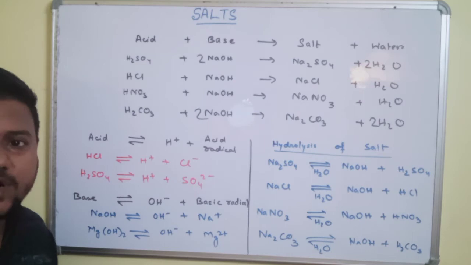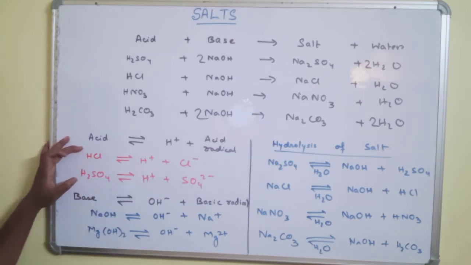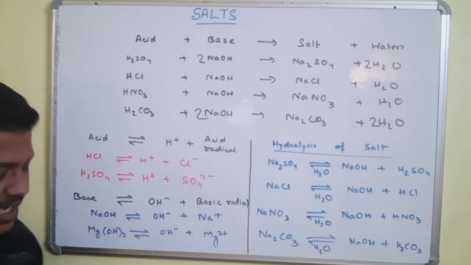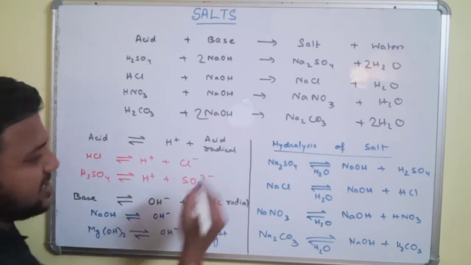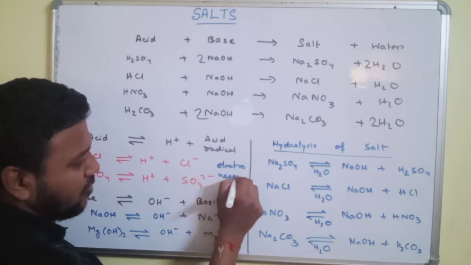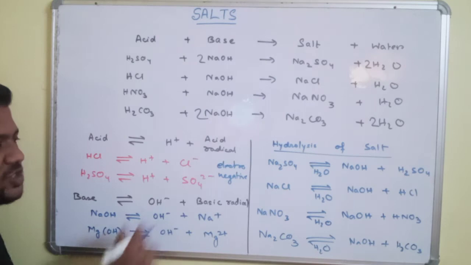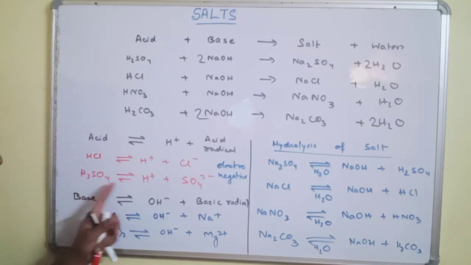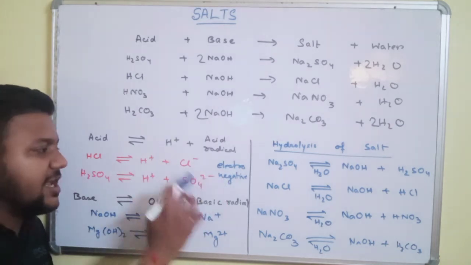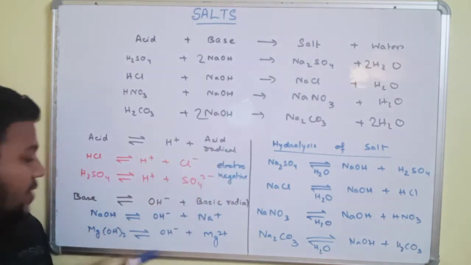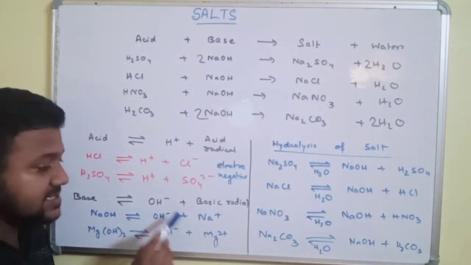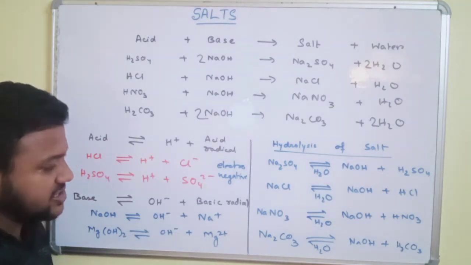Again, we have also noticed that an acid dissociates into H+ ions and an electronegative ion, and this is electronegative because of having a negative charge. So an acid dissociates into H+ ions and gives the electronegative acid radical, whereas a base dissociates into OH- ions and an electropositive radical.